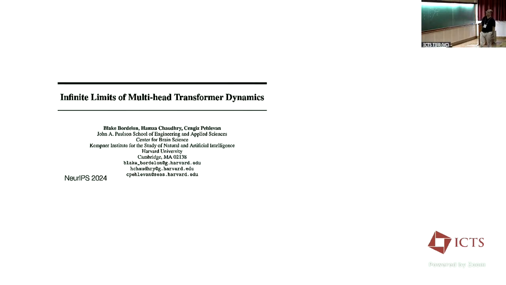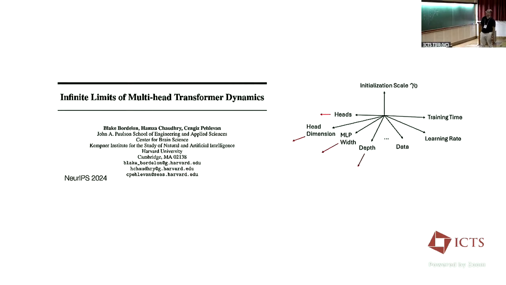And if you're considering, for example, multi-head transformer attention architectures, then there are other things that you could scale to infinity. For example, the number of heads, the internal dimensions of these attentions, and MLP widths and depths. And for each of these scaling limits, again, you can write similar DMFT equations, again using these non-rigorous physics methods.